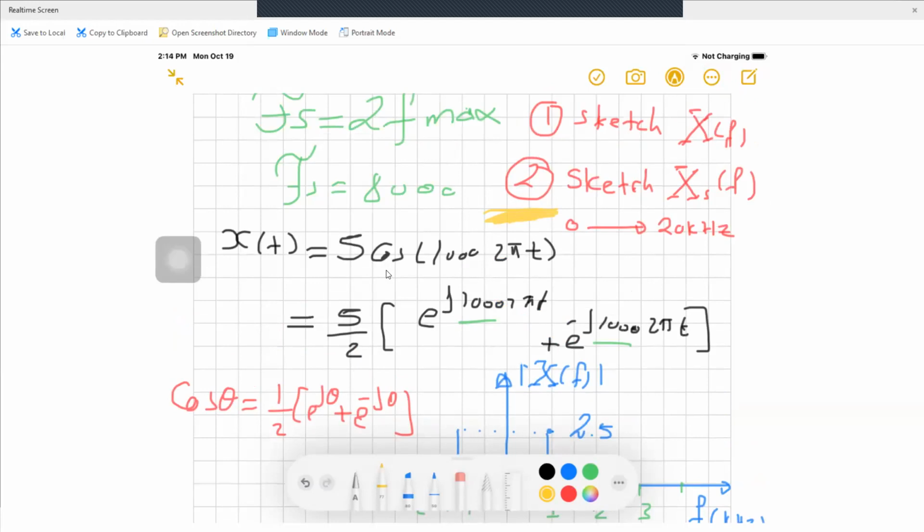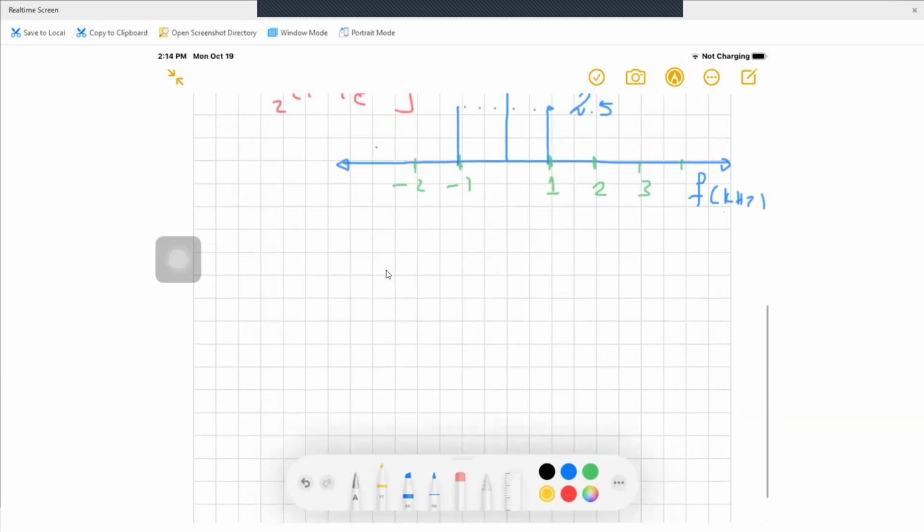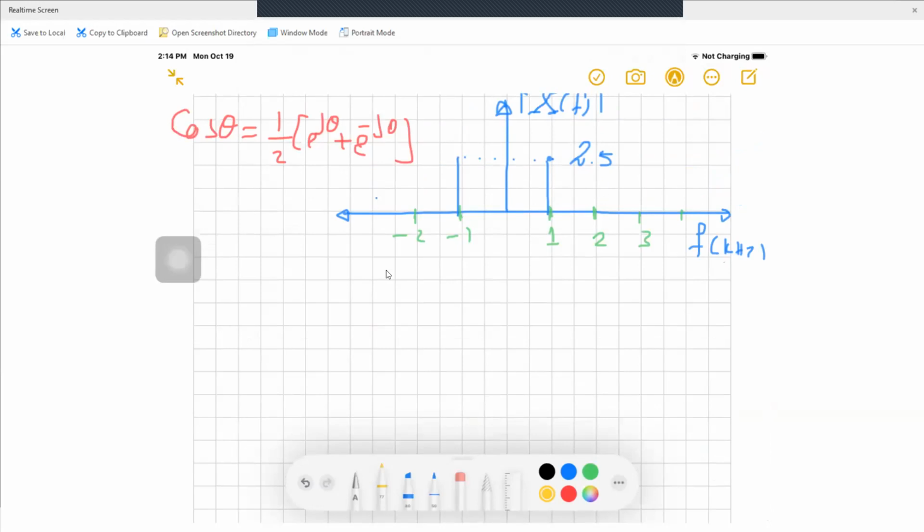Now the second requirement will be the spectrum of the sampled signal. Before drawing the spectrum of the sampled signal, first of all, we have to sketch the spectrum for the sampling function S of f. Look, it will be as follows.